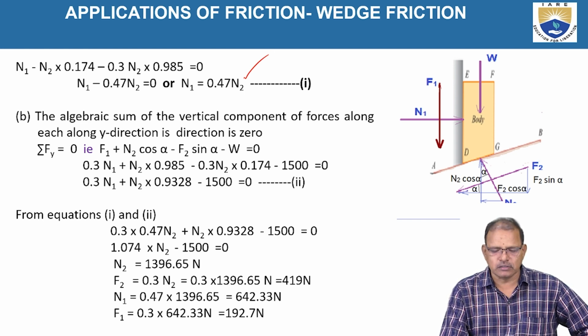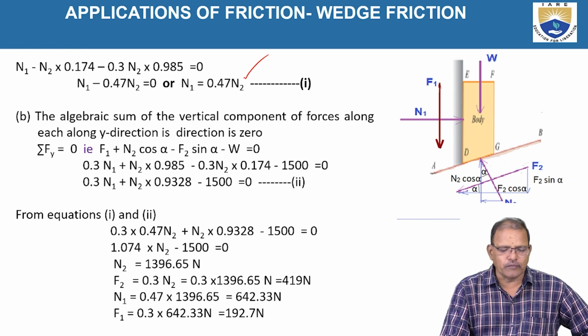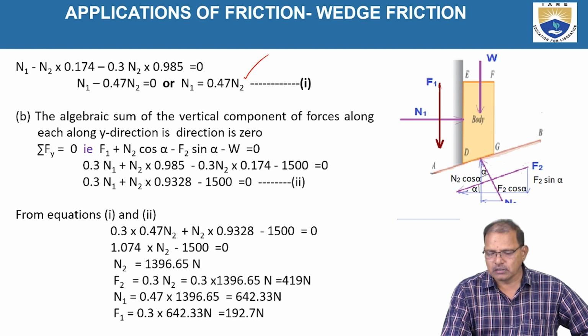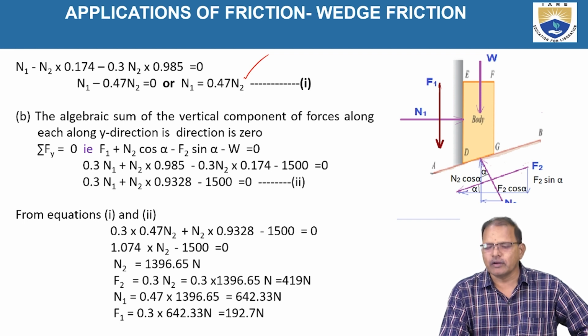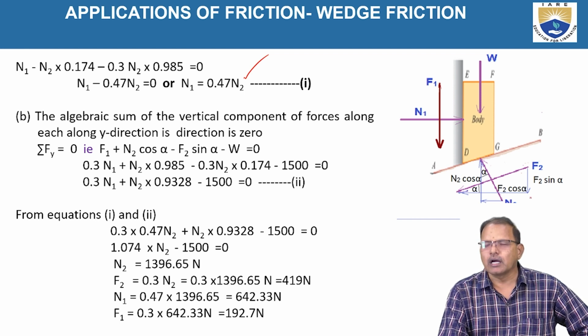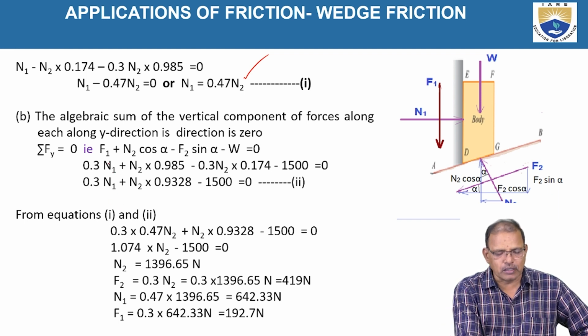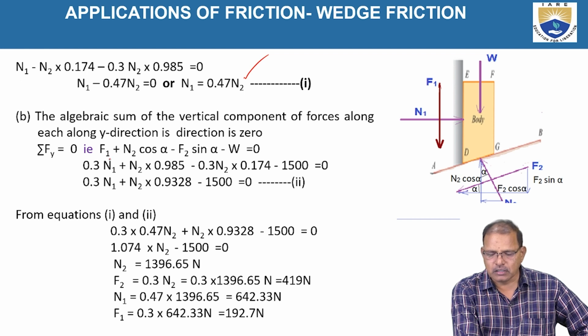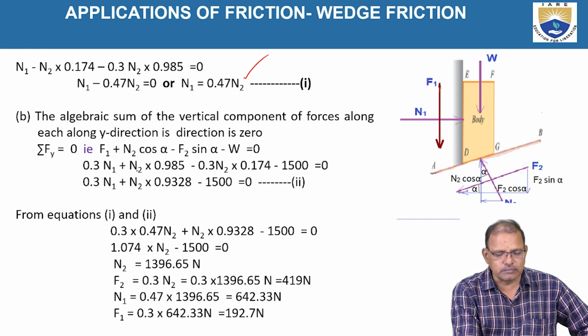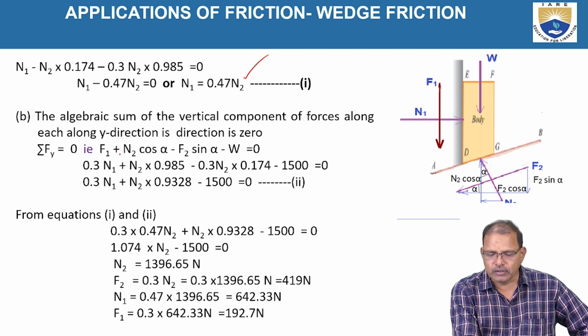Now the algebraic sum of the components of forces acting in the y direction, that is the vertical direction. Here F1 is acting downward, the weight is acting downward, the component of N2 is acting upward, and the component of the friction force is acting downward. Hence, F1, upward positive, plus N2 cos alpha upward, minus F2 sin alpha, minus W is equal to 0.